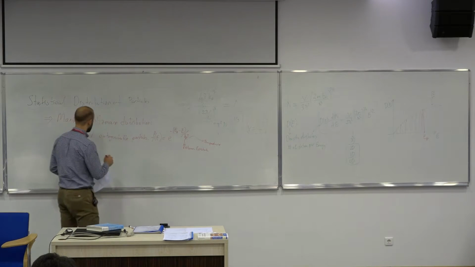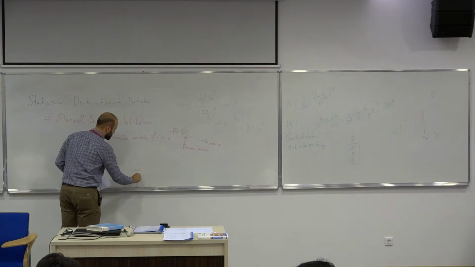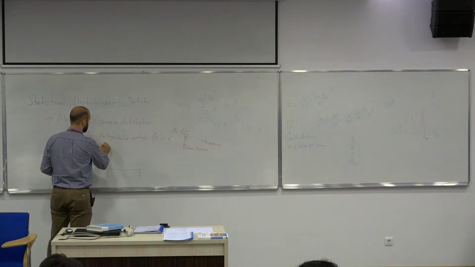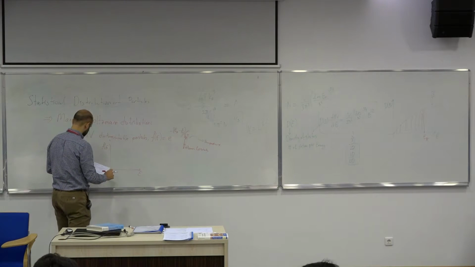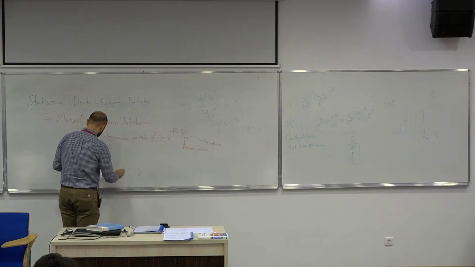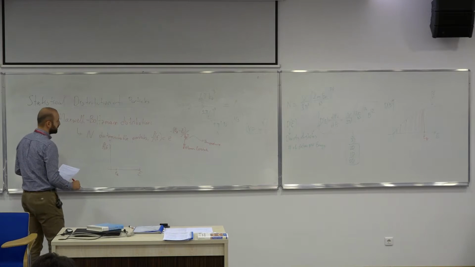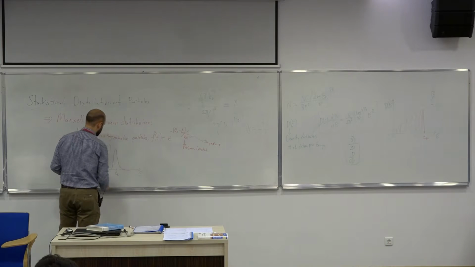So let's draw a sample distribution. Let's say this is energy E, and this is the F(E) function. I have a certain value of EF, and the distribution is going to look something like this.